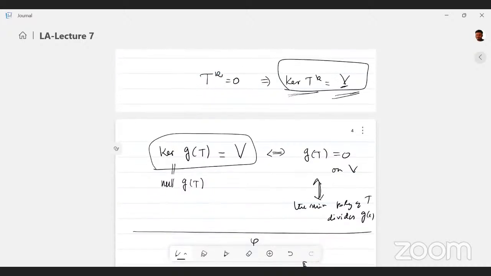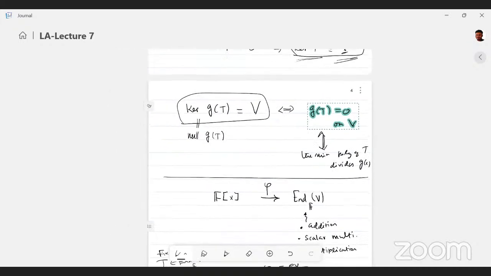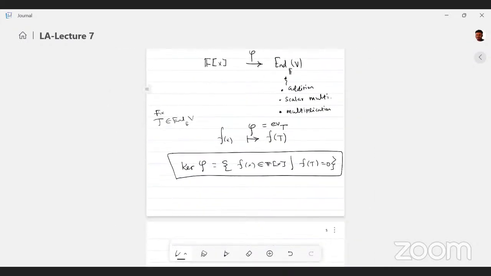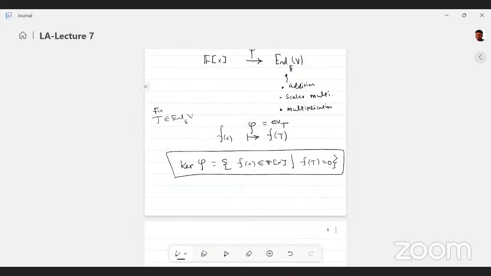In particular, I asked whether there exists some nonzero polynomial g(x) such that g(T) is 0. If there is no such polynomial, then what happens to this kernel of phi? It becomes 0.